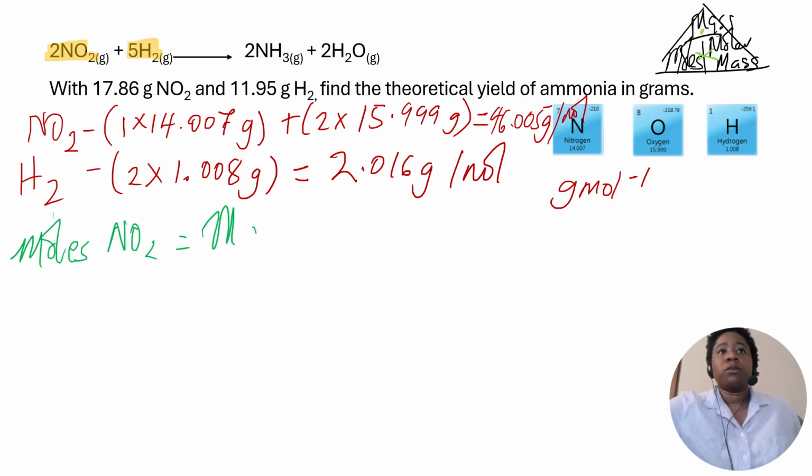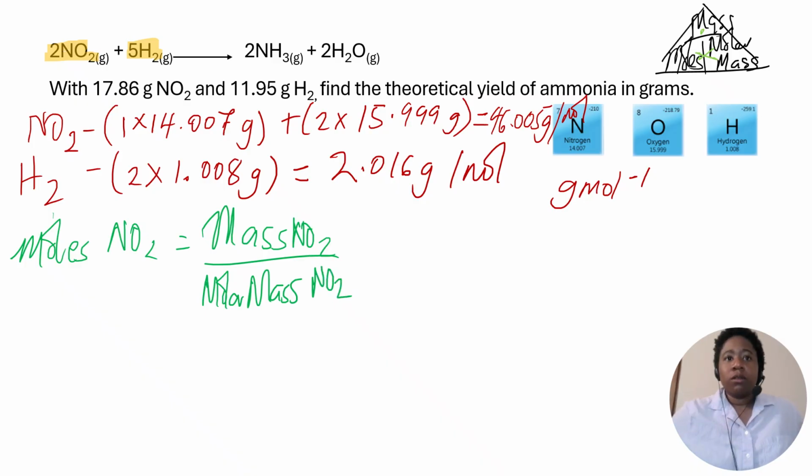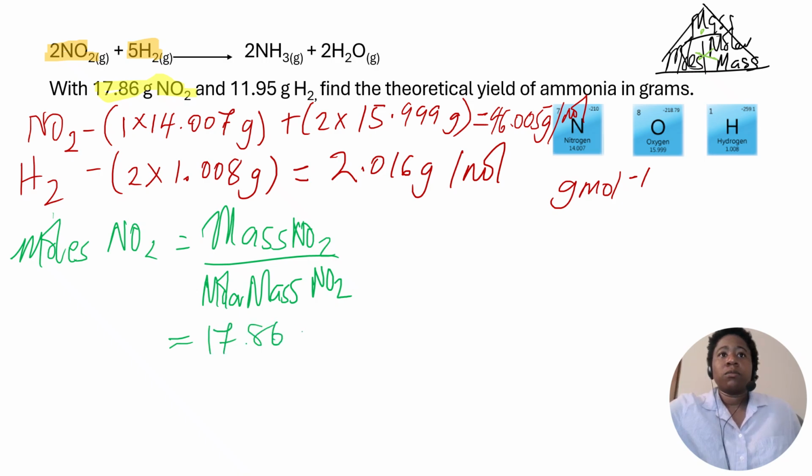And we said that was equal to mass of nitrogen dioxide over molar mass of nitrogen dioxide. All right, the mass of nitrogen dioxide is given in the statement. We have it here, 17.86 grams. And the molar mass, we calculated that to be 46.005 grams per mole.